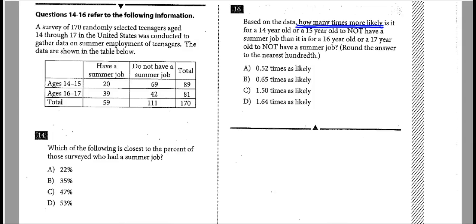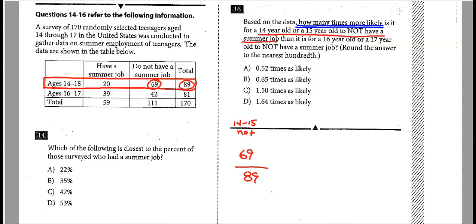Is it for a 14 or a 15-year-old to not have a job? Let's look at that part first. Here are the 14 to 15-year-olds. The likelihood of a 14 or 15-year-old not having a job is 69 out of 89.